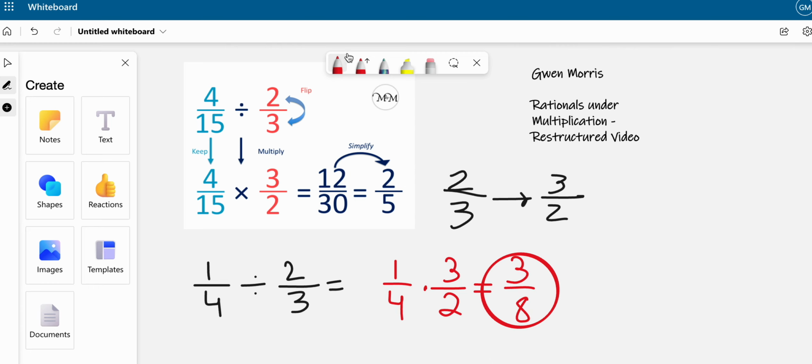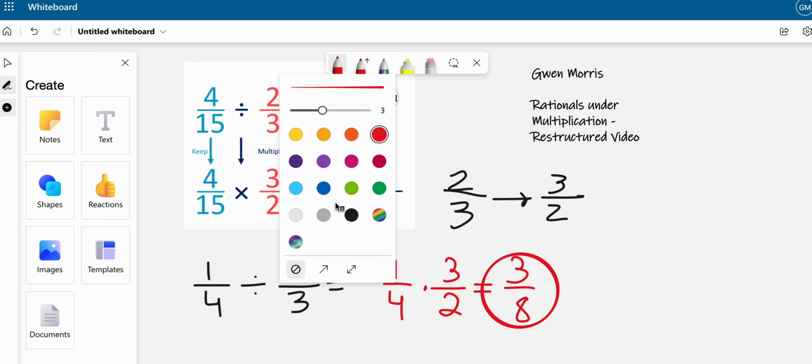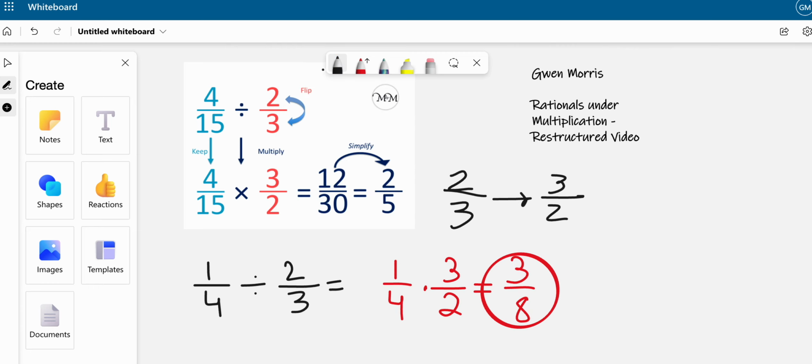So if I were to do one more problem here, let's do another black one. I'm going to say 1/2 divided by 2/5. Same exact thing here.